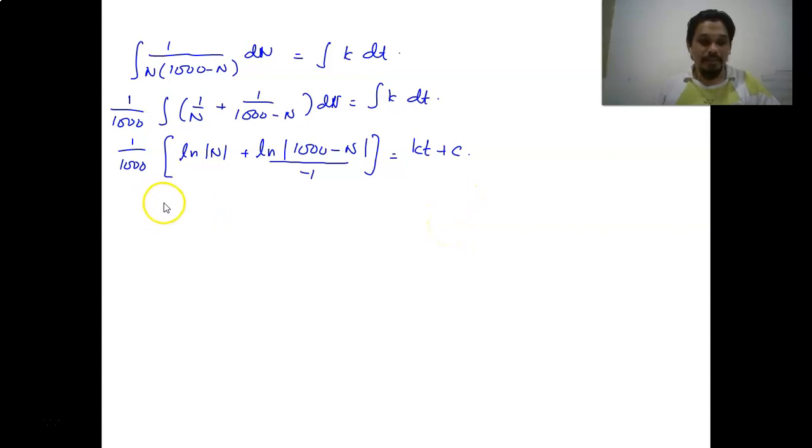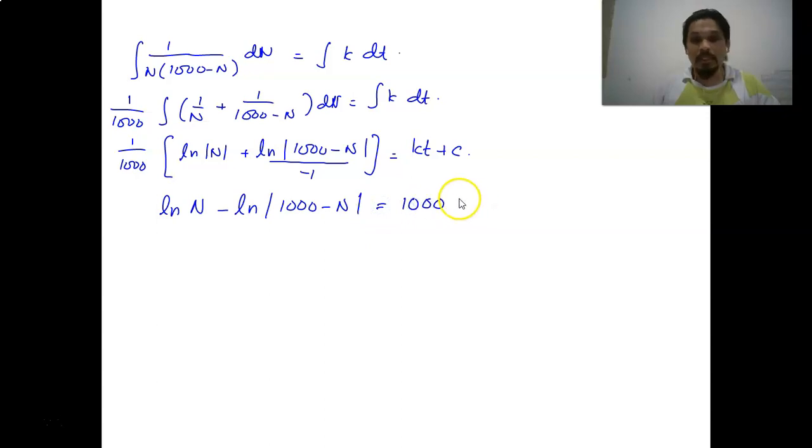Okay, so simplify this in the form of natural log of n minus natural log of 1000 minus n equal to 1000 kt plus 1000 c, or another c is still a constant.